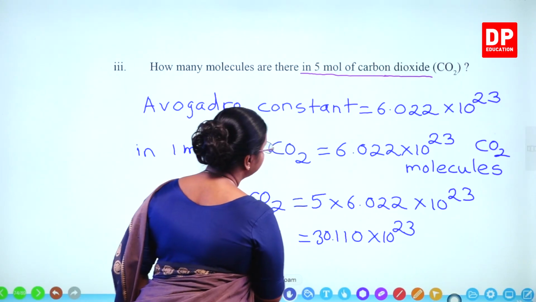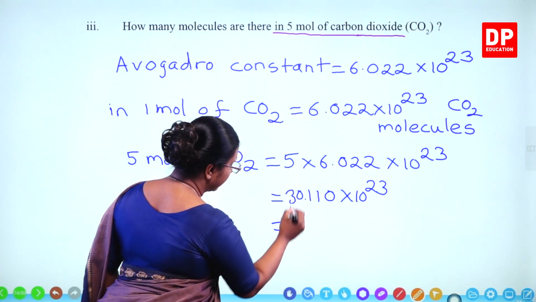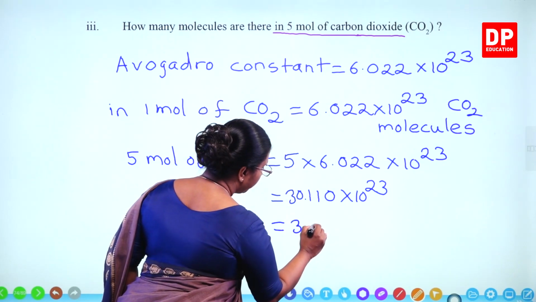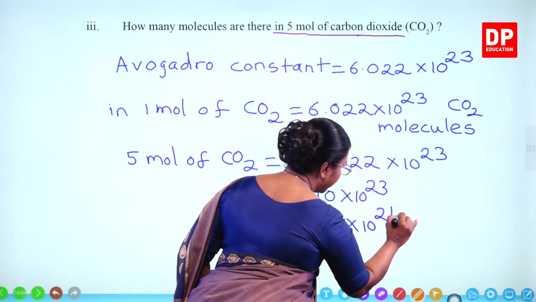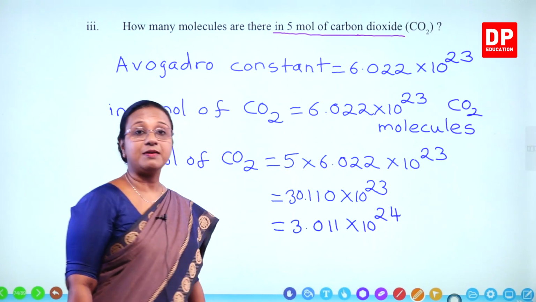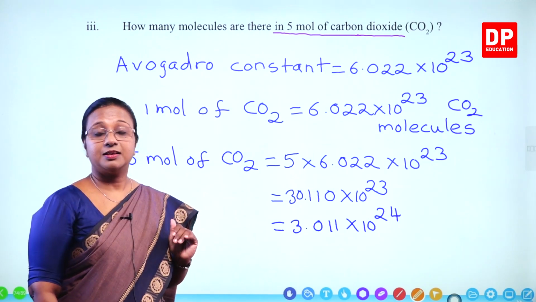What do we do after this? We rearrange it to the standard format. So 3.011 into 10 to the power of 24. You have to look at the powers. The power changes. Is this correct?